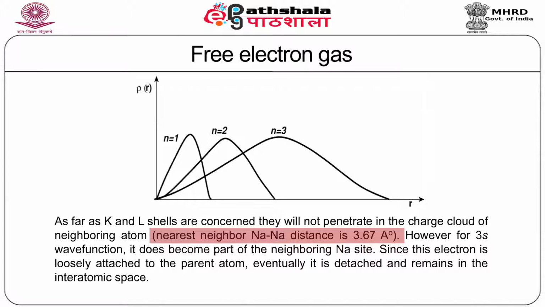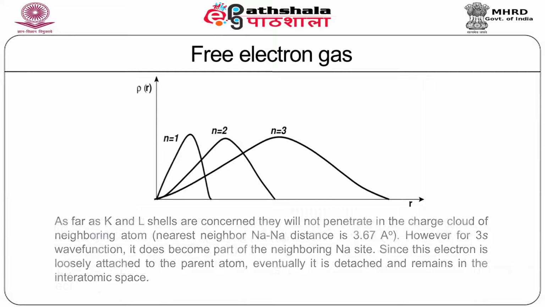The nearest neighbor sodium-sodium distance is 3.67 angstrom. However, for the 3s wave function, this charge density is pretty extended, and it does become part of the neighboring sodium site. So this electron, which is in the outermost shell, is loosely attached to the parent atom, and eventually it is detached and remains in the interatomic space, in the space between 2 sodium atoms.